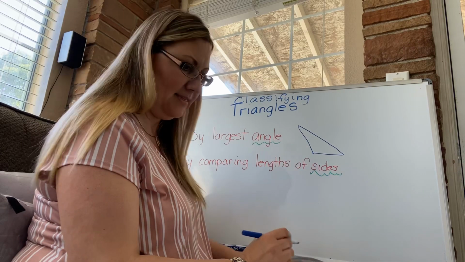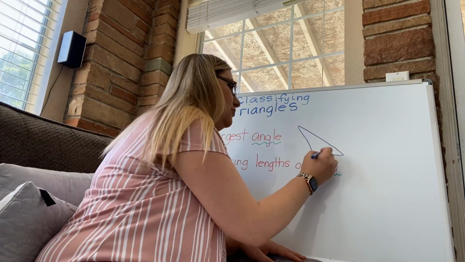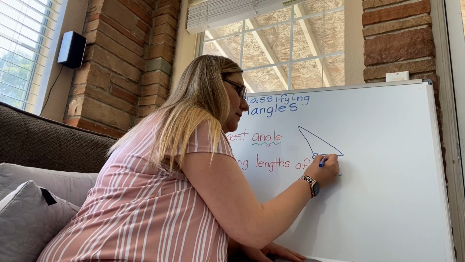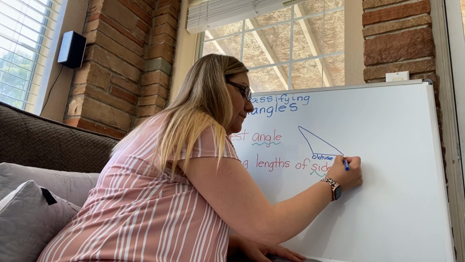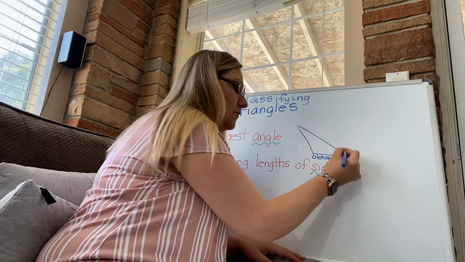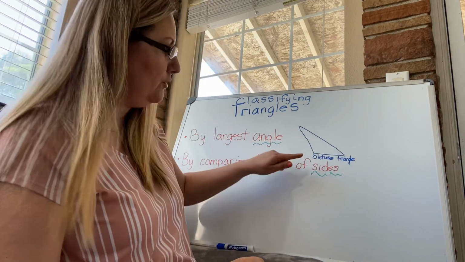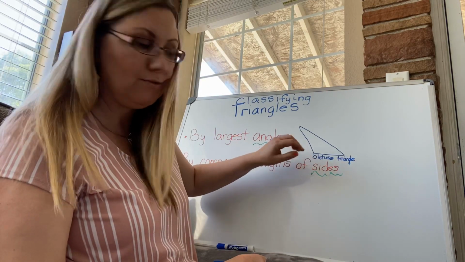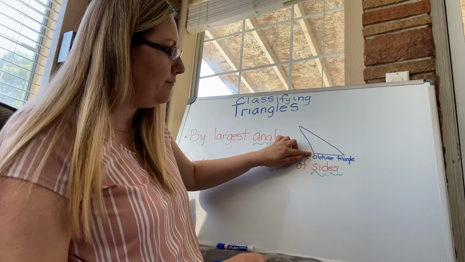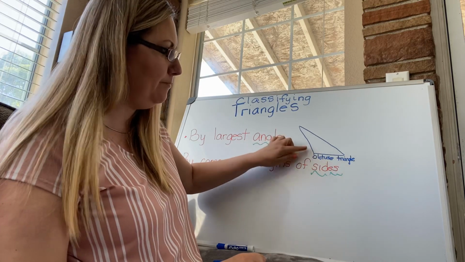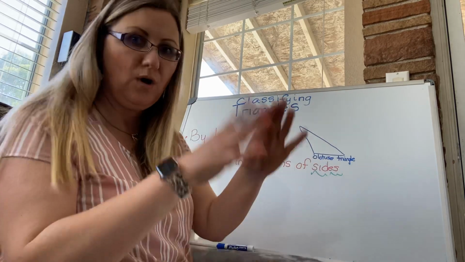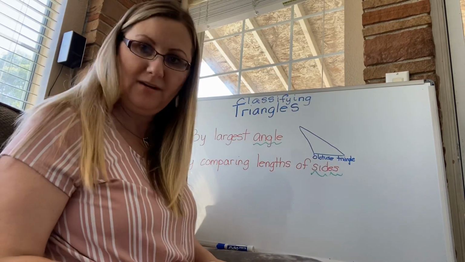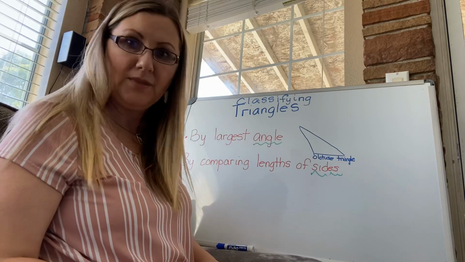And so this is called an obtuse triangle. Until now, we've mostly used the term obtuse angle. So if it has one angle that is wider than a 90-degree angle, we can call that an obtuse triangle.